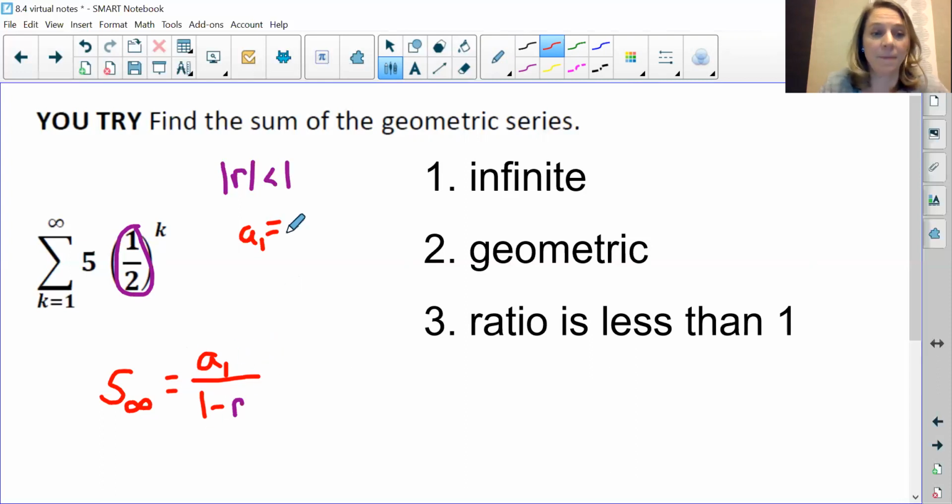So the first term is going to be found by doing 5 times 1/2 to the first, and so the first term is actually going to be 5/2. It's not just 5, because when I plug 1 in, we see that the first term is actually going to be 5 halves. All right, so I have 5 halves.